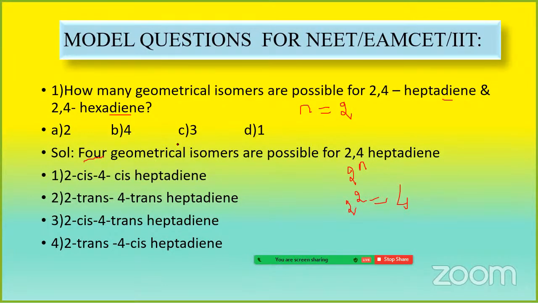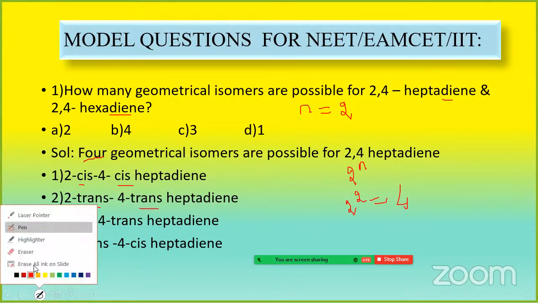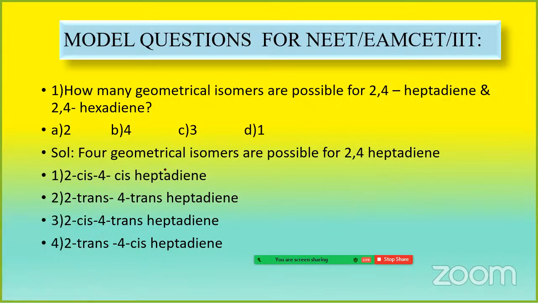We know that only 2 geometrical isomers are there, cis and trans. So in the first case, you arrange both double bonds as cis. In the second case, you arrange both double bonds as trans. Let me explain this example clearly with the arrangement of the double bonds. See here, 2-cis and 4-cis heptadiene.